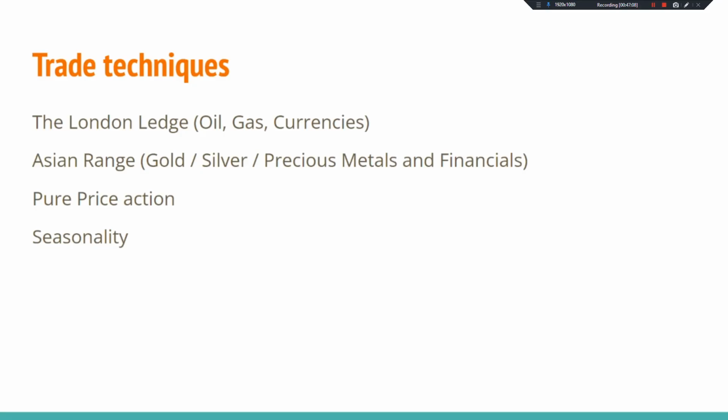Another thing about futures, they tend to be pure price action. They trend very, very strongly, and they tend to either go up or down. They very rarely go sideways. So they really are the trend is your friend type instrument.